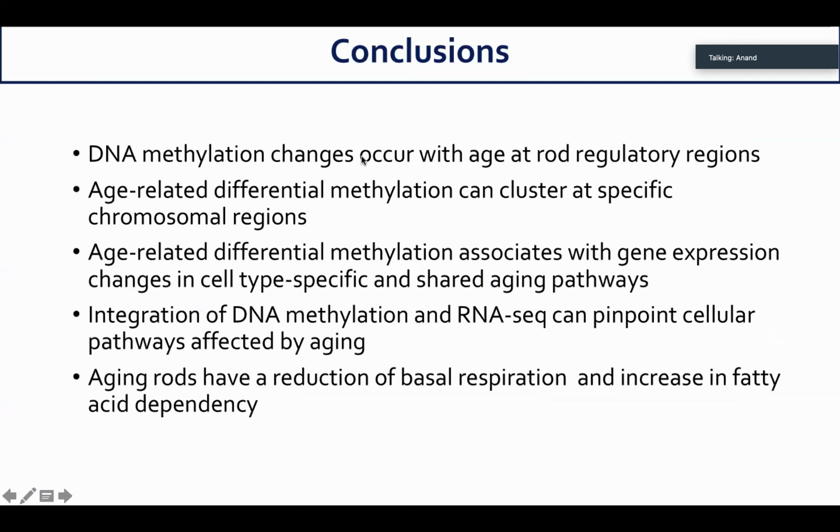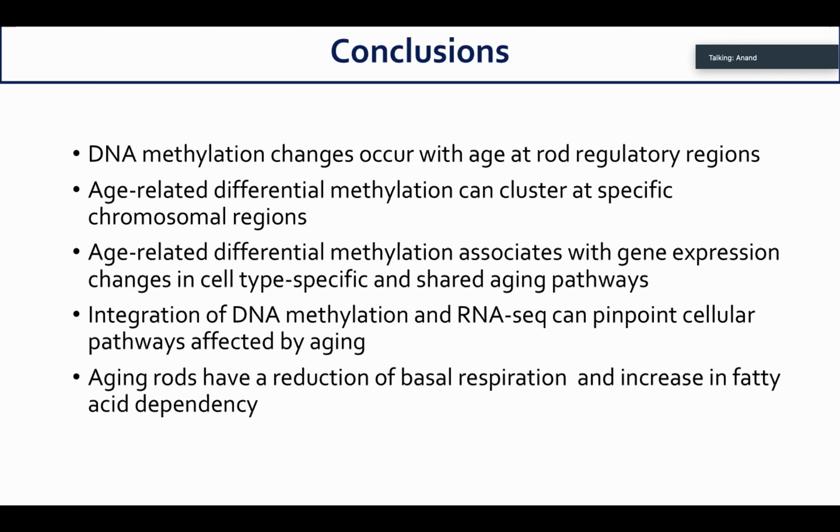So to conclude, I would say DNA methylation changes occur with age, and they are in regulatory regions in rod photoreceptor genes. And genes expressed in rod photoreceptors, they're not specific genes only, but they're specific, and other genes that are expressed in rods.